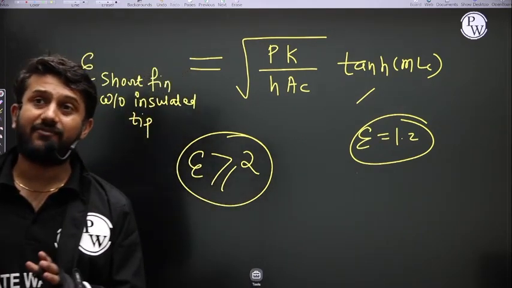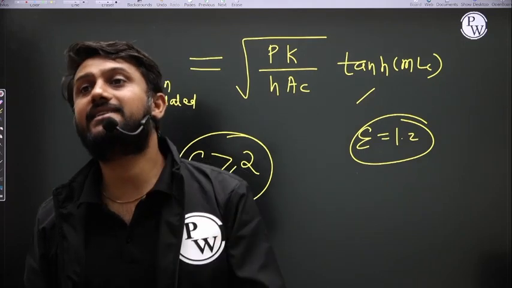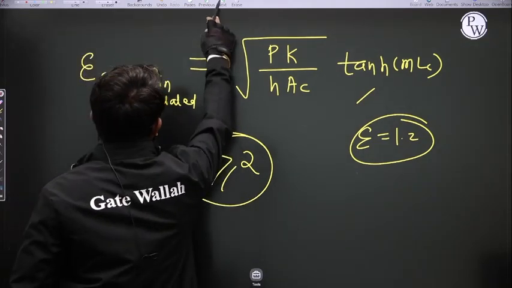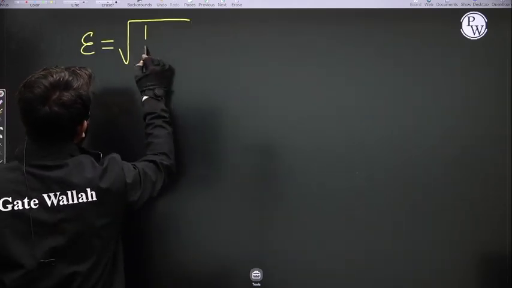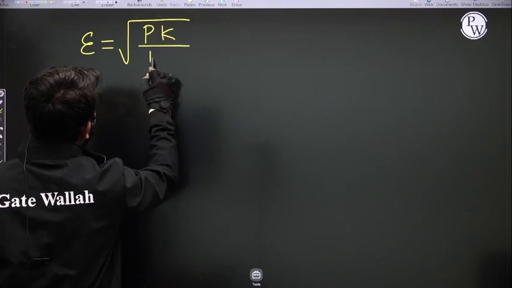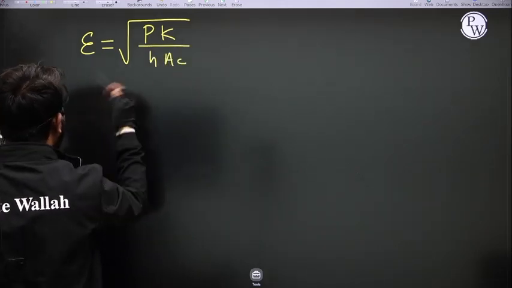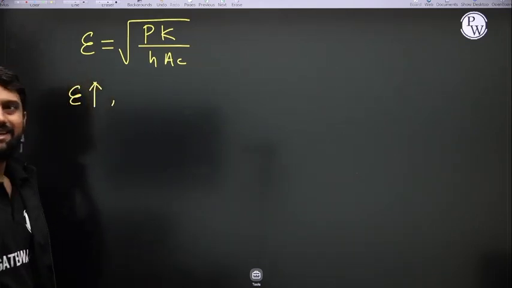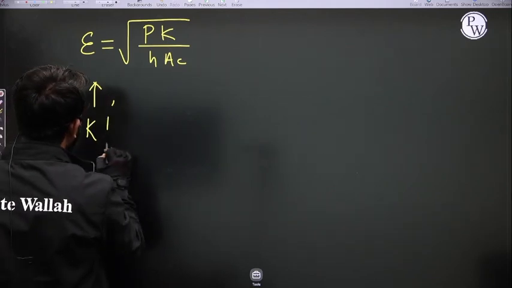So what are the ways by which we can increase the effectiveness of the fin? See here, the mathematical expression you have is effectiveness equal to root over P k by h A_c. So effectiveness is increased, first, by increasing the thermal conductivity.